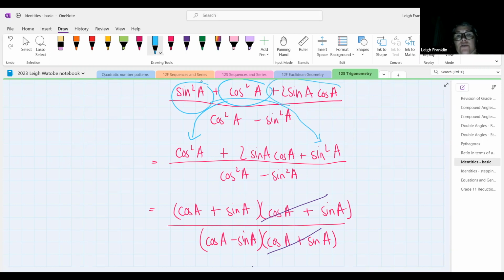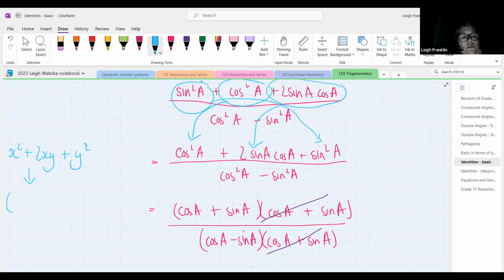And I took the 2 sine A cos A and put that in the middle, to make myself a trinomial. So algebraically speaking, I've got something that looks like x squared plus 2xy plus y squared. That's what I'm trying to do with it, so that in my next step I can factorize it.